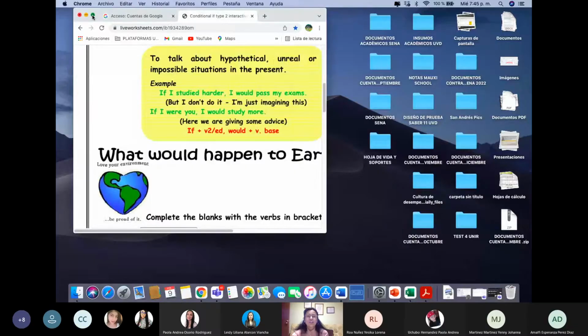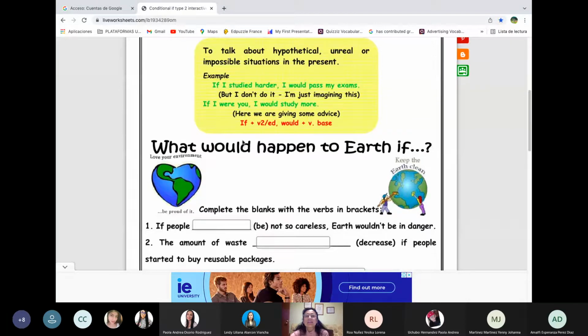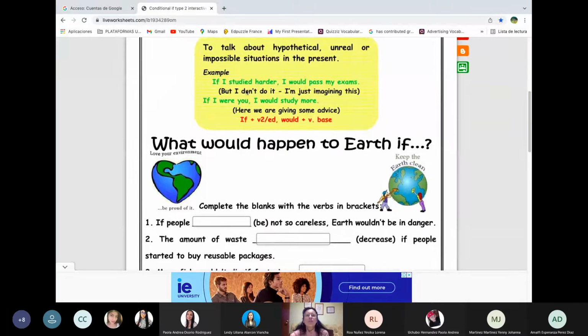Here you have the unreal or impossible situations in the present. We have if, past tense, and in the second part, you have would or the modal could with one verb. If I studied harder, I would pass my exams. Imaginary situations. If I were you, I would study more.